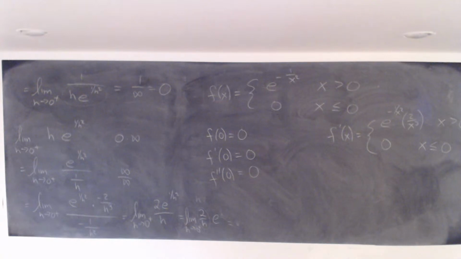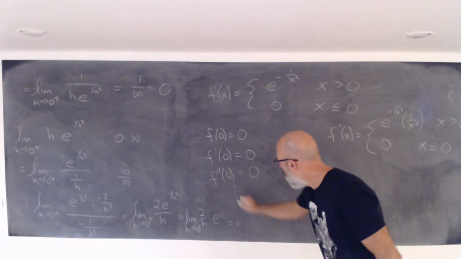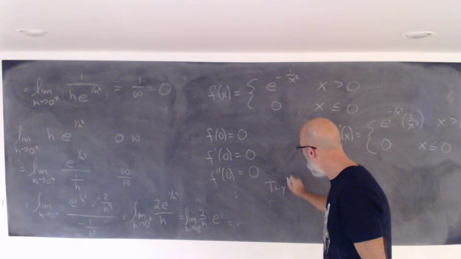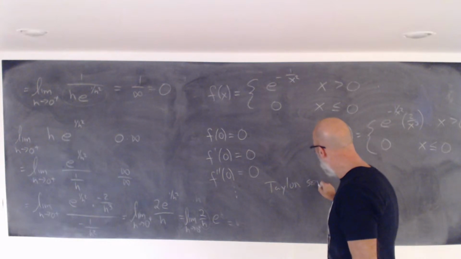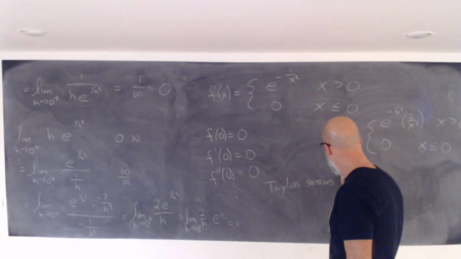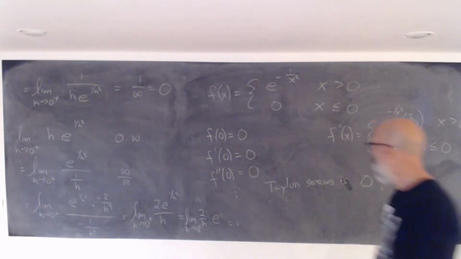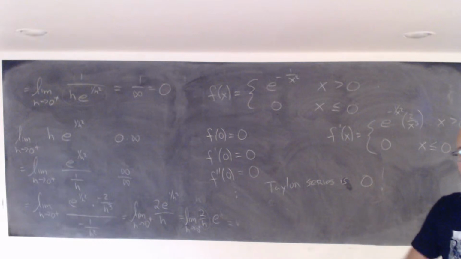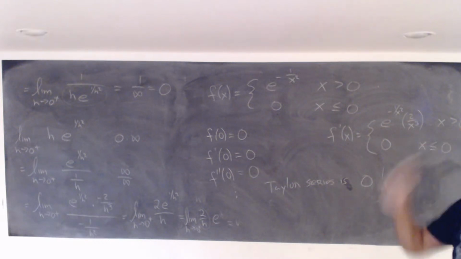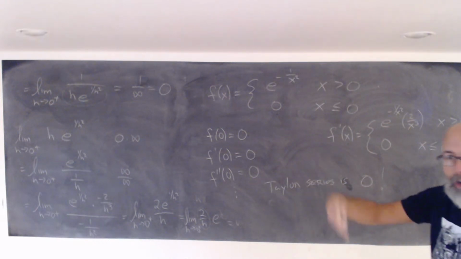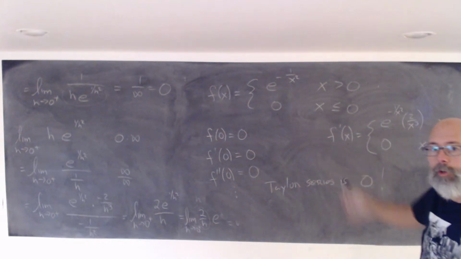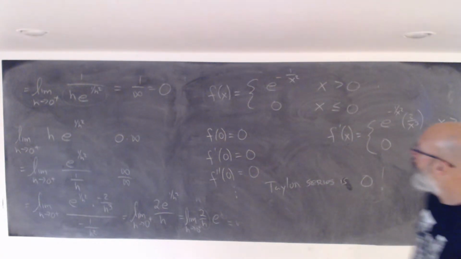It's the 0 function. The Taylor series is the 0 Taylor series. It's 0 plus 0x plus 0x squared over 2 factorial and so on and so on.